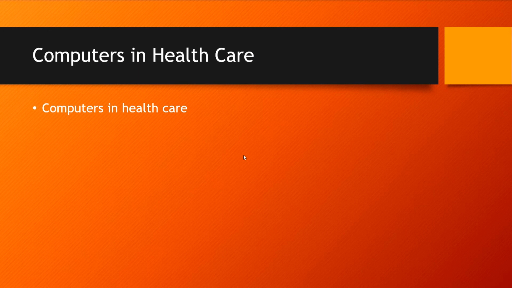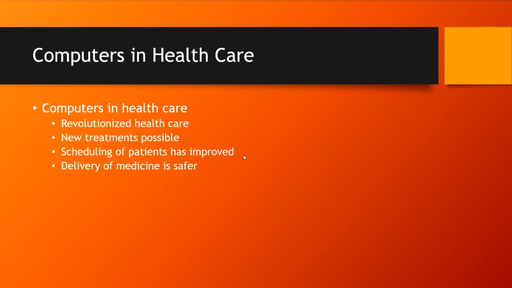In healthcare, computers revolutionize the industry. New treatments are now possible, schedules of patients have improved, and delivery of medicine is much safer. And of course, the one thing that the computers have contributed to healthcare is imaging, no?